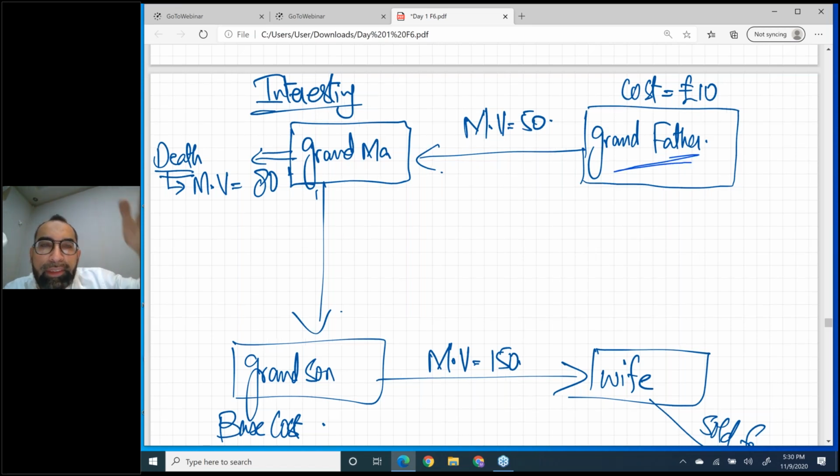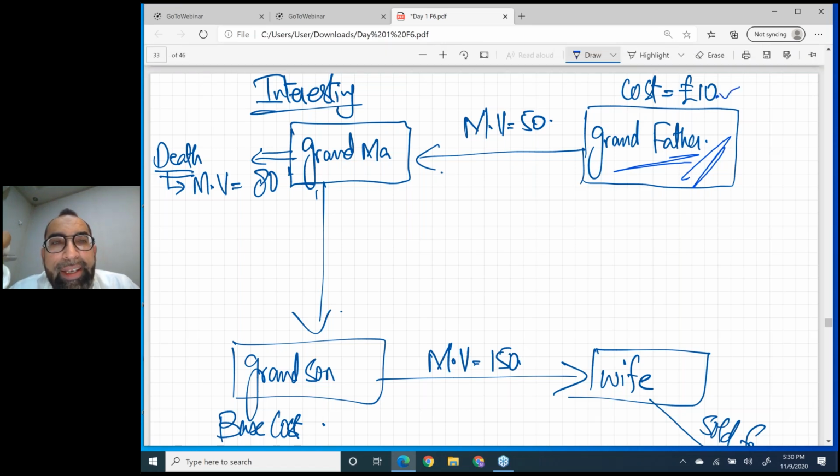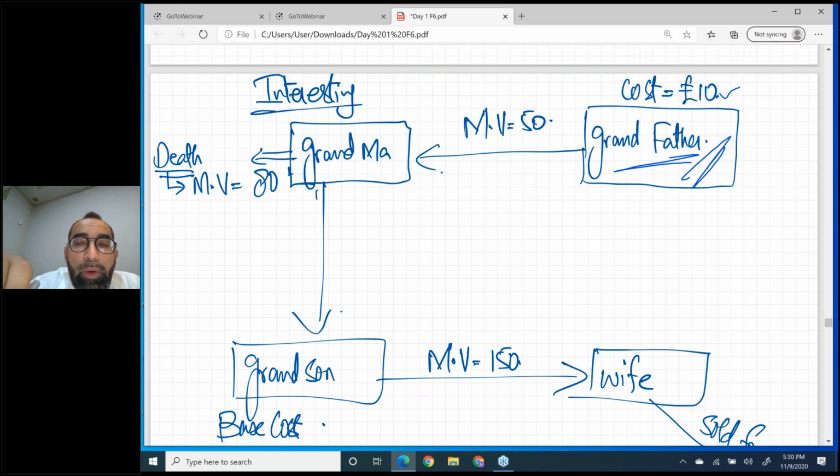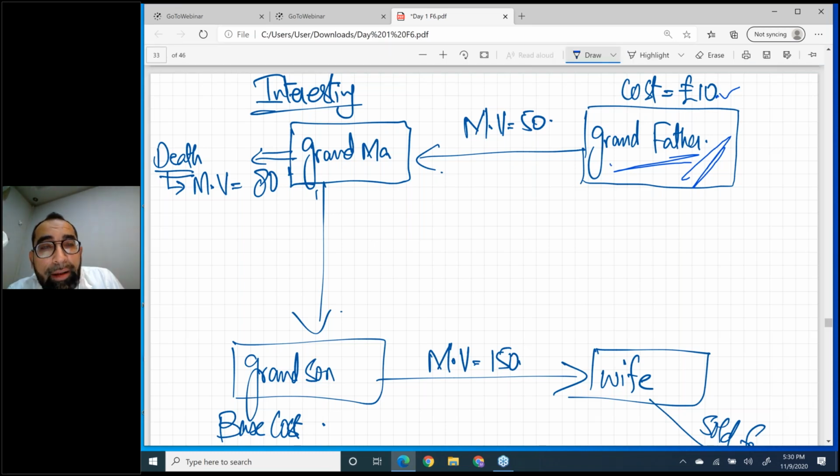Obviously grandfather comes first and the grandson comes afterward. Let us say the grandfather bought a chargeable asset for 10 pounds. Now grandfather transferred this asset to grandma, the wife of grandfather.